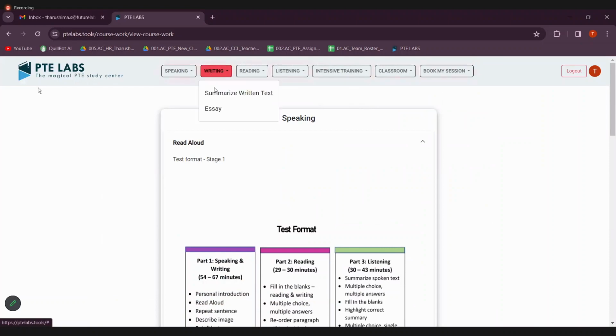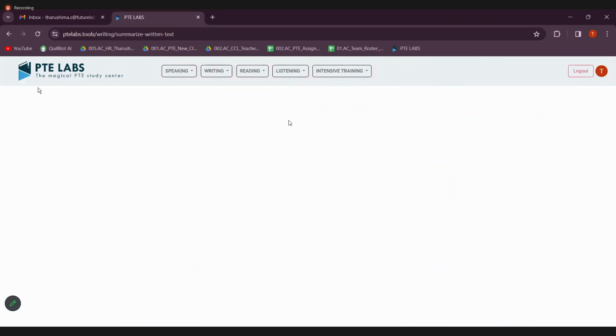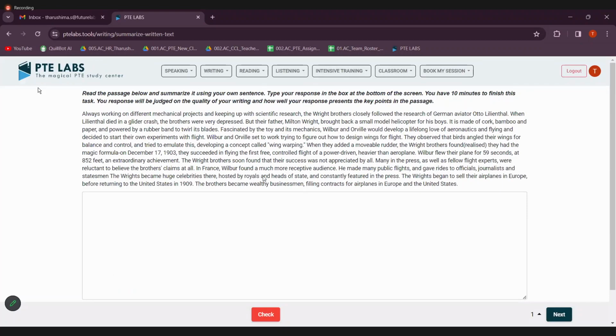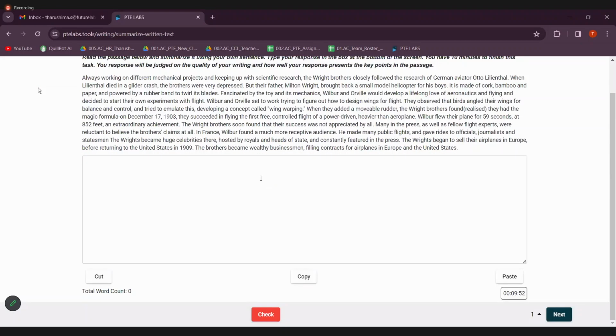Okay, here when you come to the platform, you could see writing. There you have summarized written text and essay. Click on summarized written text. Start practicing. Okay, this is the exam interface. This is similar to the exam interface.